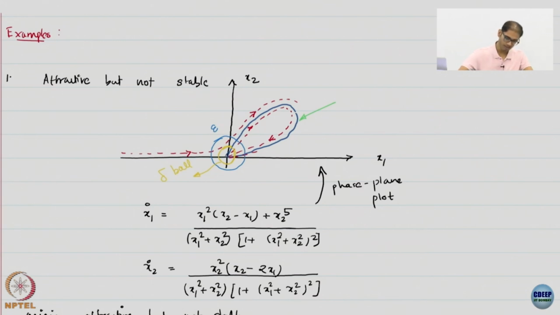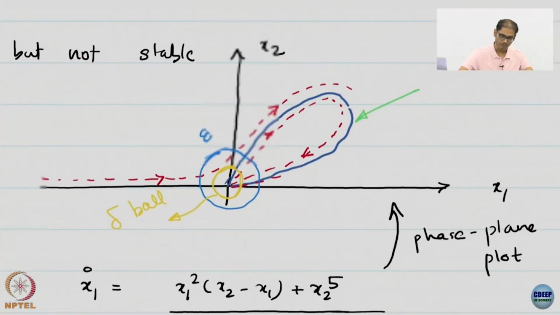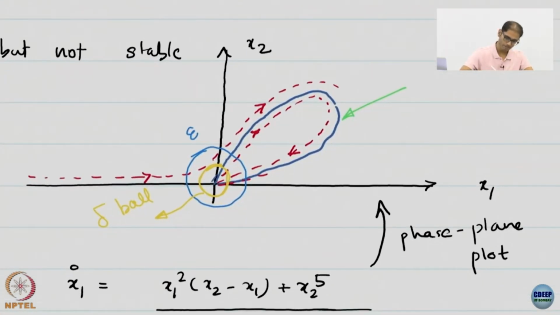Absolutely. Look at this, if you give me any epsilon ball around the equilibrium, the origin in this case, you make an epsilon ball like this, I have actually made the ball very specifically for that, then you cannot remain in this epsilon ball for any delta ball. Why?